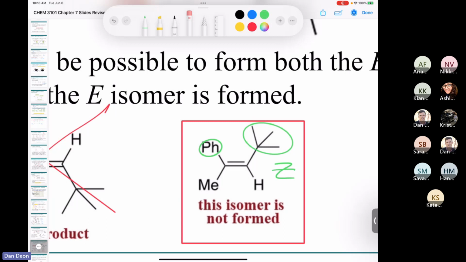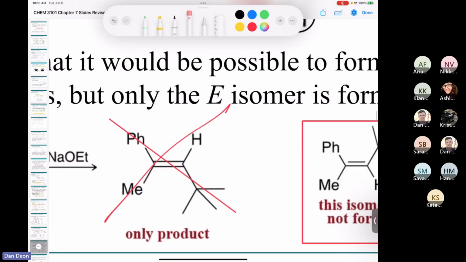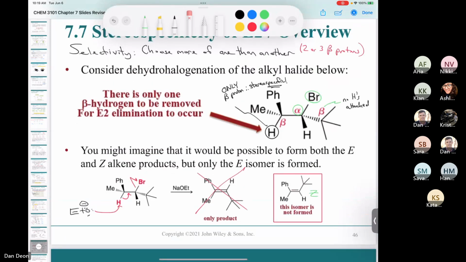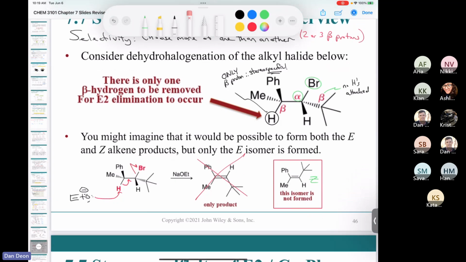So we don't get any of the E alkene in this case. None of it. What does it say here? Why is this E? This is labeled incorrectly. This is wrong. This is in the notes here. This should say only the Z isomer is formed in this case. All right, that's a mistake.